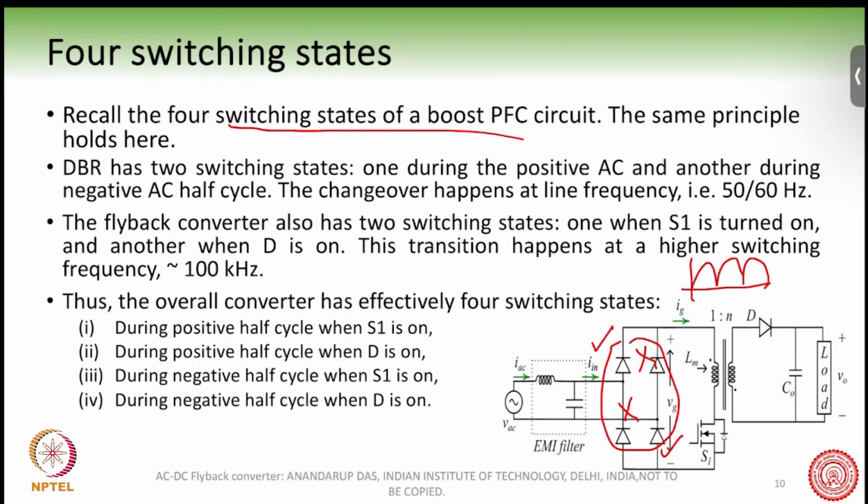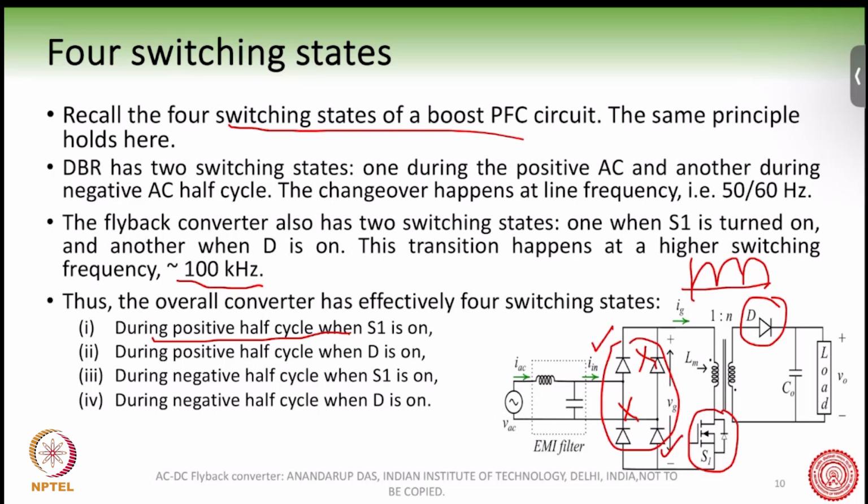But the flyback converter here also has two switches, one switch and one diode, S1 and D, and they are actually switching at a much higher frequency than this 50 hertz. It may be switching at 100 kilohertz. Therefore, during the positive half cycle of AC, S1 may be on or D may be on.